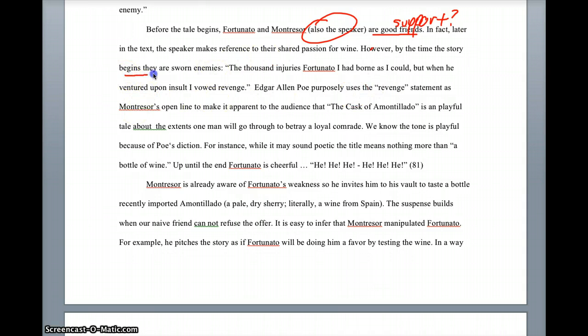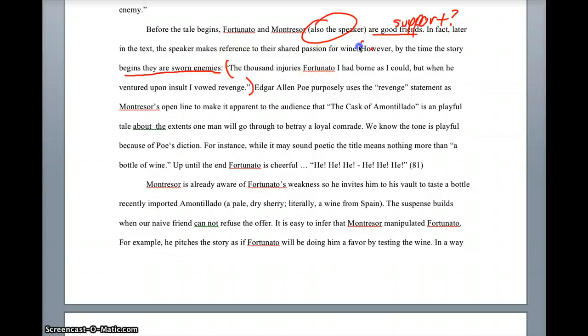Okay, this piece about their sworn enemies, well, it's one-sided. Montresor feels like Fortunato is his enemy, but that feeling is not reciprocated because obviously Fortunato is going to end up trusting Montresor a lot. So see what I mean?